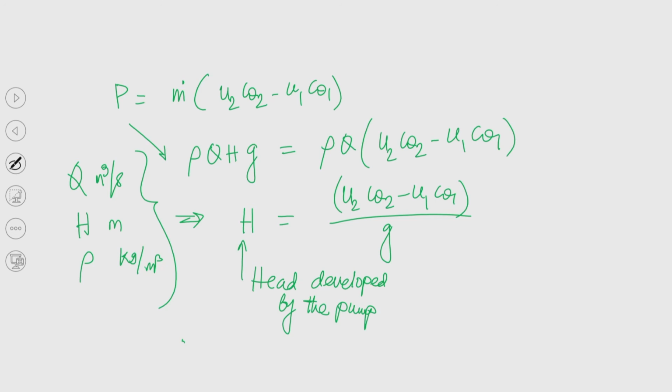right. So, it is very important to know at this point of time that the head developed by the pump depends on u 2 c theta 2 and u 1 c theta 1, right. So, at least the tangential velocity components u 2 and u 1 and the component of absolute velocity at the inlet and outlet in the tangential direction.